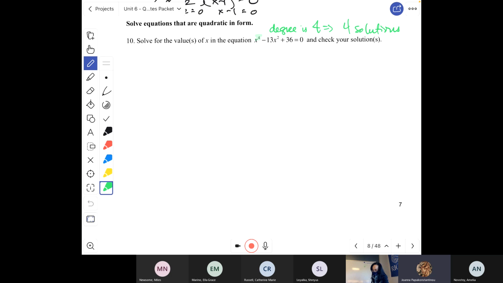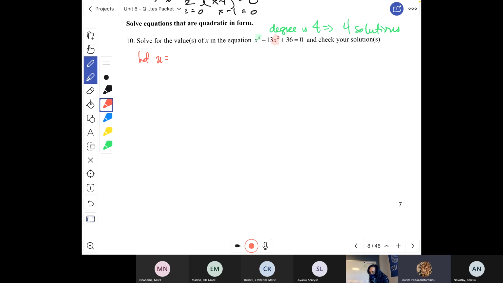Now, if I look at this, I see this x to the 4th. I see this x squared. I see that x to the 4th is x squared squared. So perhaps at this point, I want to introduce a new variable u. If I write it in exponentially descending order, I see this is a nice little trinomial that's going to be easily factored.